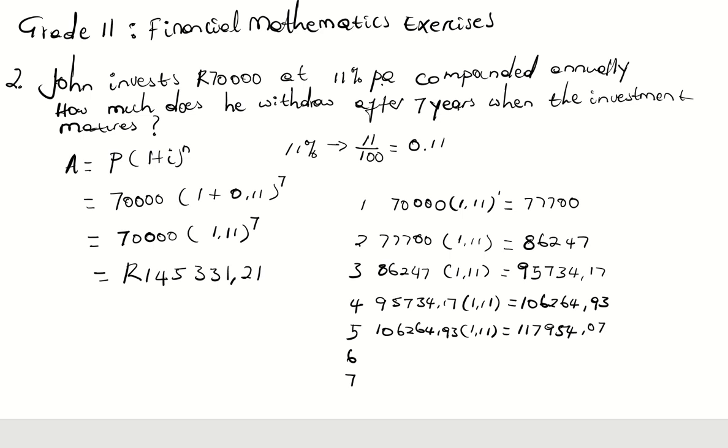Take that out, and the amount we actually start the 6th year off with is 117,954.07, and we do that 11% on it, getting 130,929.02.